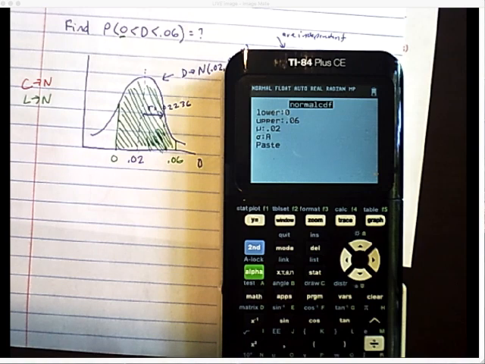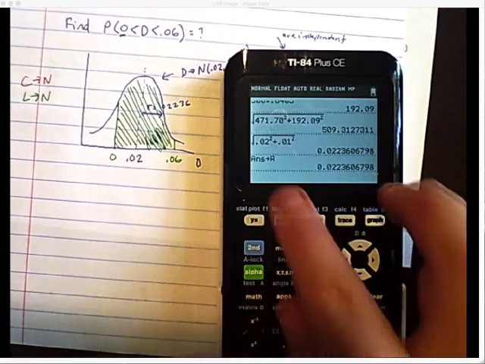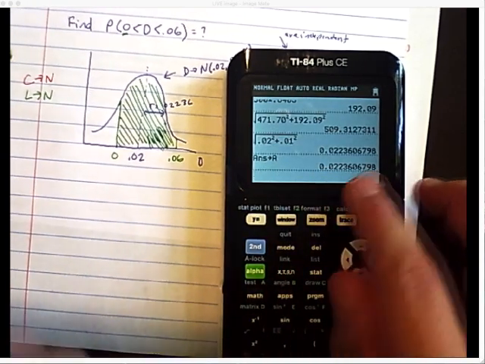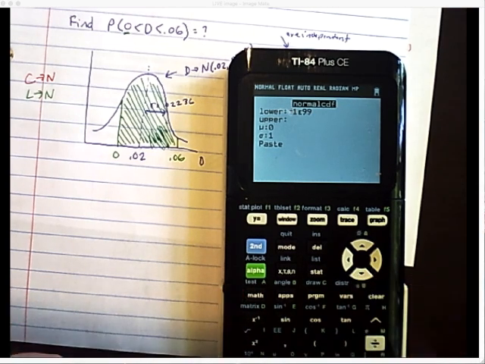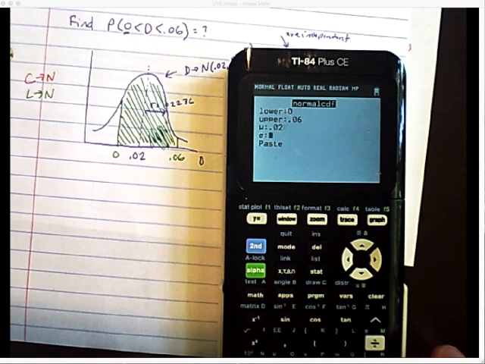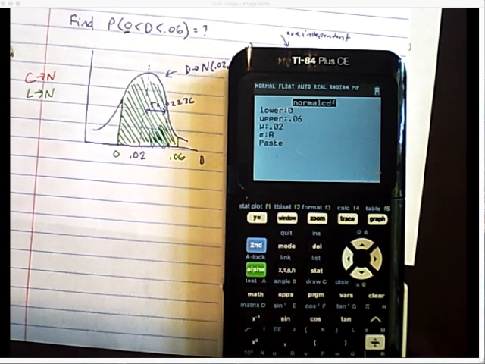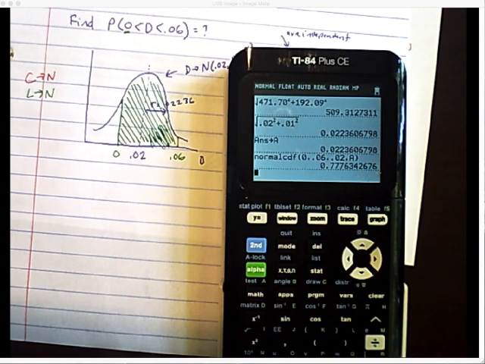Remember, I stored that as A. Again, that's why I stored it, so I keep all the decimals. Okay, so again, 0 to 0.06, 0.02, A. Hit enter, paste, and there we go.